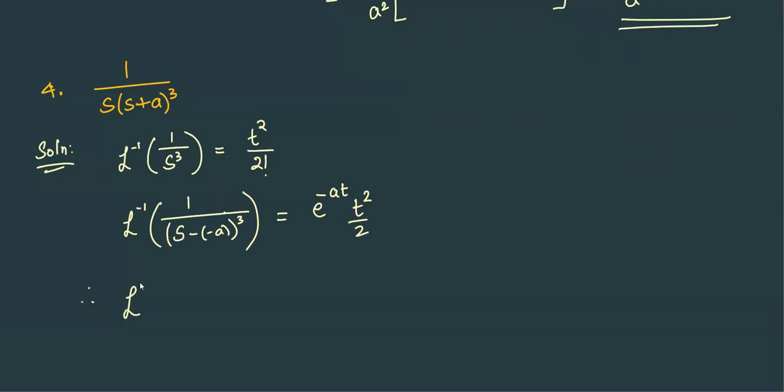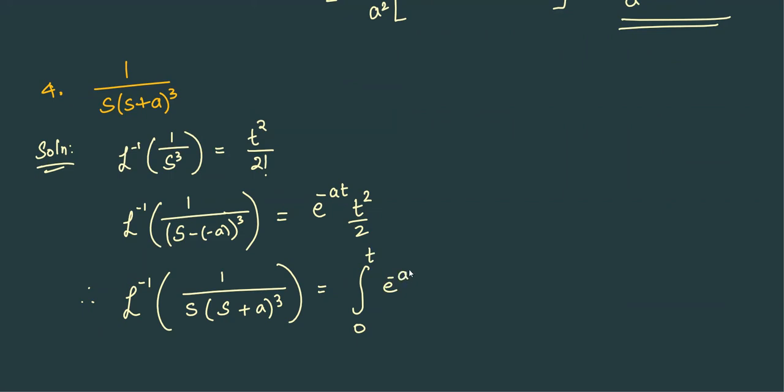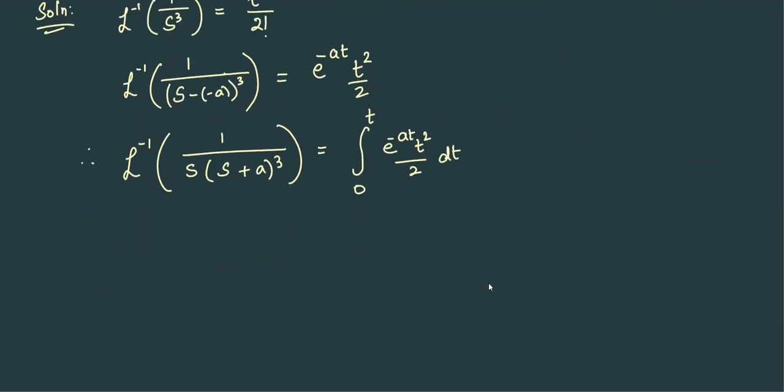So now I divide this by s. That is 1 by s into s plus a the whole cube will be integral 0 to t, e power minus au u square by 2. Okay, so we need to integrate by parts.